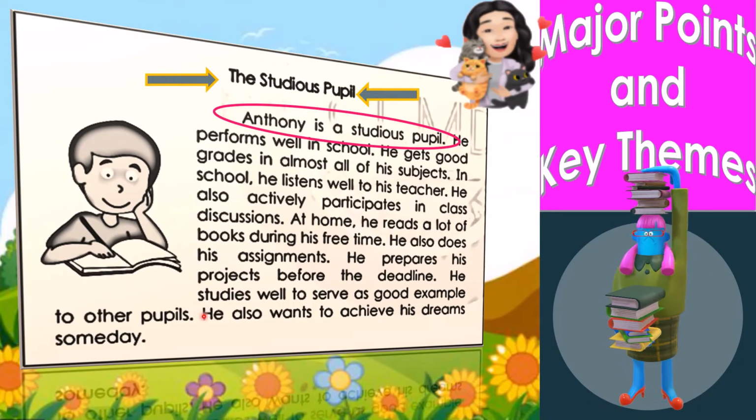Meanwhile, it also tells that studying well can help one get good grades and be successful in life. So, this is the theme. Alright, did you understand? Did I make sense?